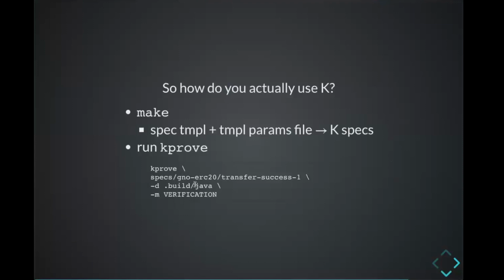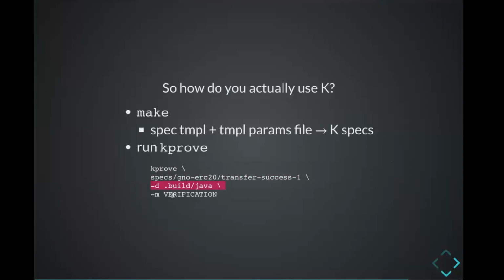You run it in the following way. You say kprove, then you say the spec that you want to run. Actually, this should have -spec.k. Typo. Then you say where your language definition is located.